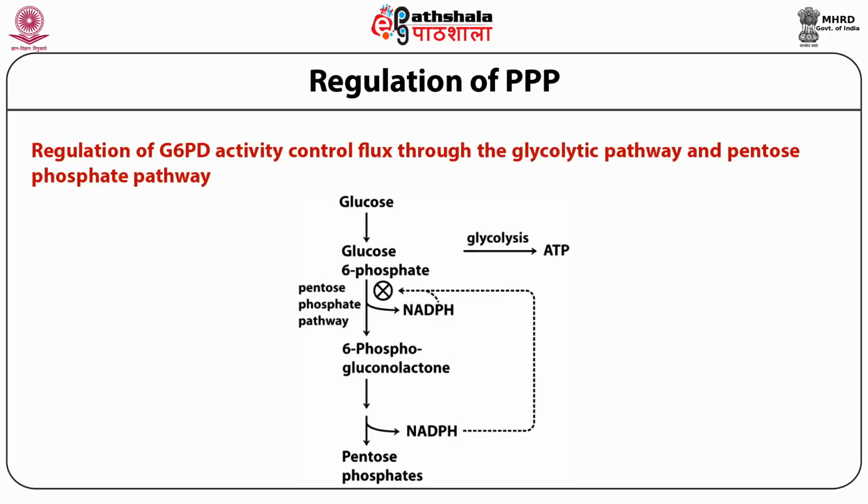The first step of the pentose phosphate pathway is the irreversible committed step. This reaction is catalyzed by glucose 6-phosphate dehydrogenase. This step is allosterically regulated. NADPH, the product of this reaction, is a strong inhibitor of glucose 6-phosphate dehydrogenase.